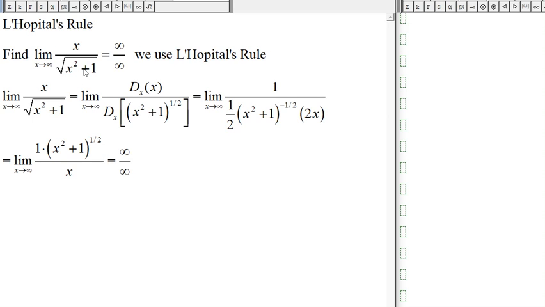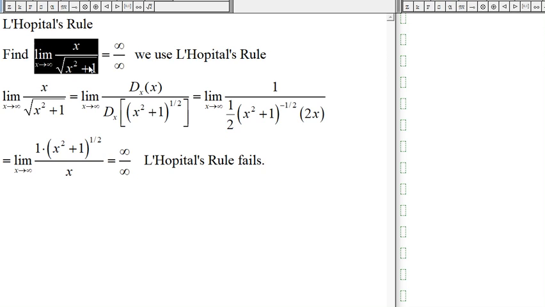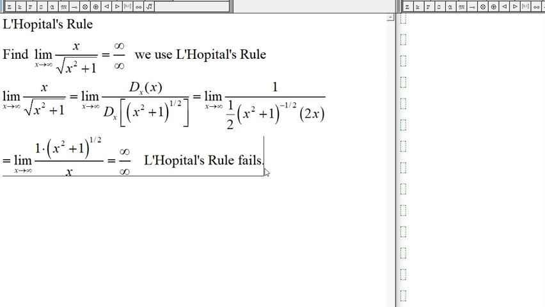For this type of problem, it's just going to go round and round, infinity over infinity, over and over again. And so L'Hopital's rule fails here. So to get the limit of this quantity right here, we have to use another strategy.